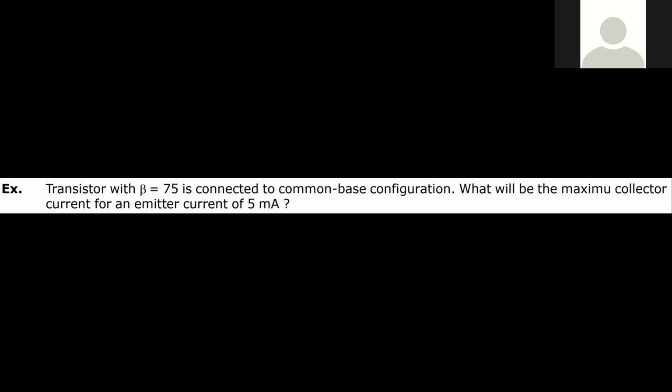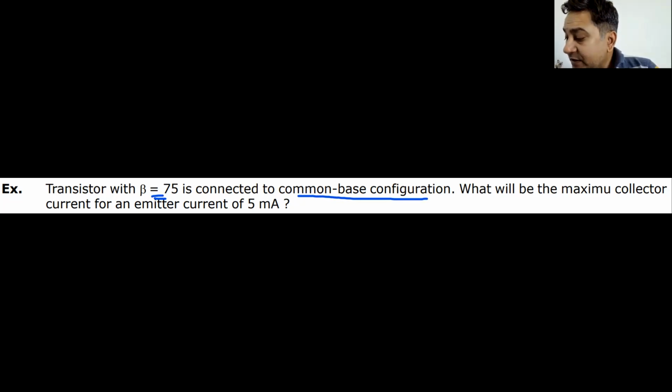The question is pretty simple. Beta is given as 75 and it is connected to common base. Remember, it is connected to common base. What will be the maximum collector current? Emitter current is 5 milliampere. So IE is given to you, beta is given to you, and it's given that it is common base configuration.